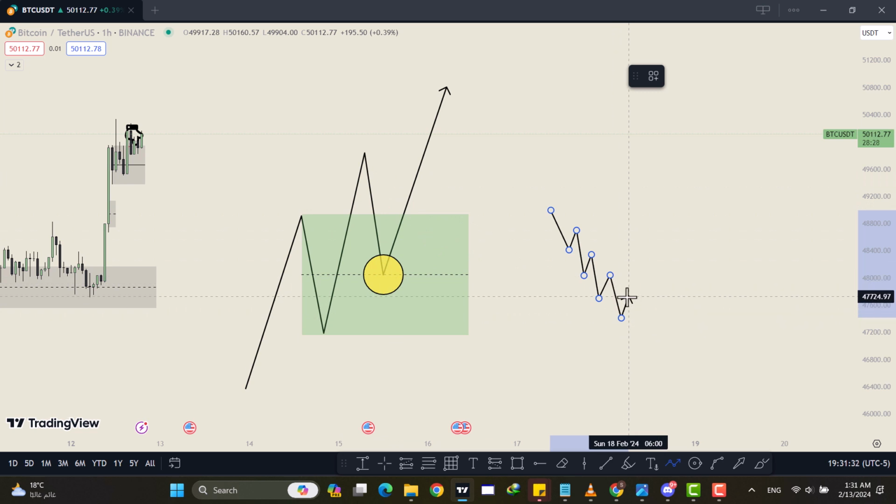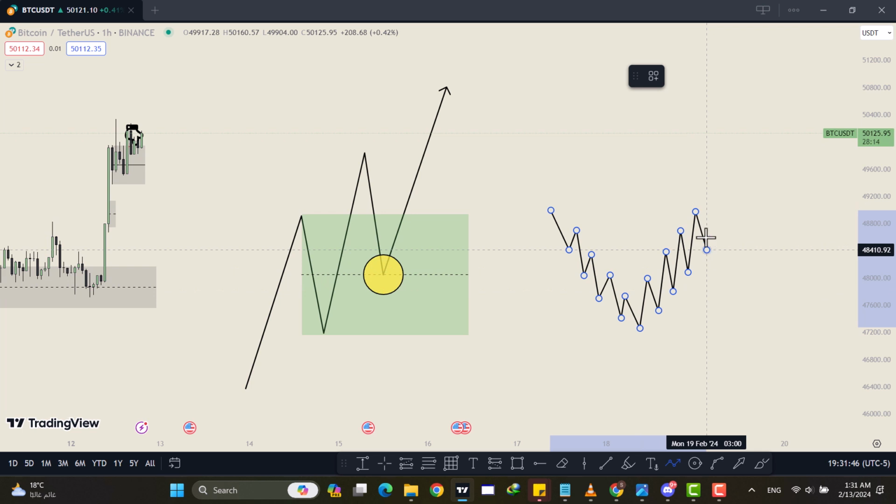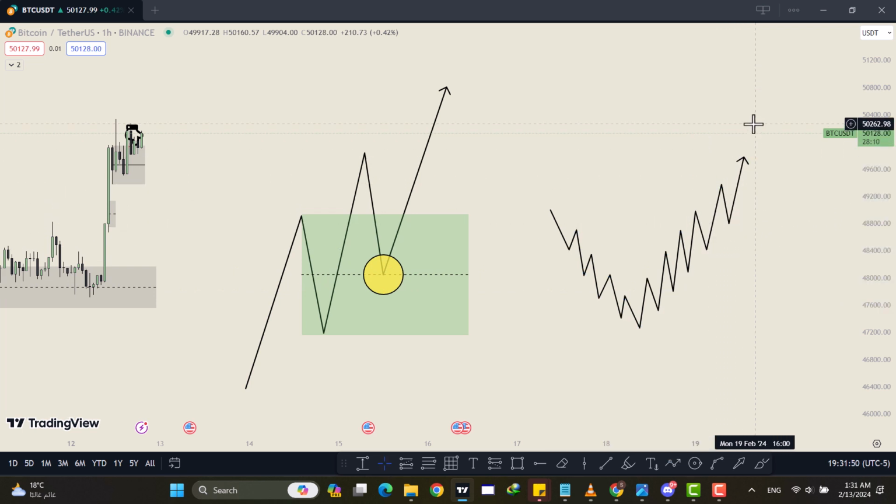And when price finishes retracing, it will do something like this. It will violate a previous high, and then return to here, right? Expansion, retracement, expansion, retracement, expansion, and so on. So as you can see, this leg right here is the same, the same thing.